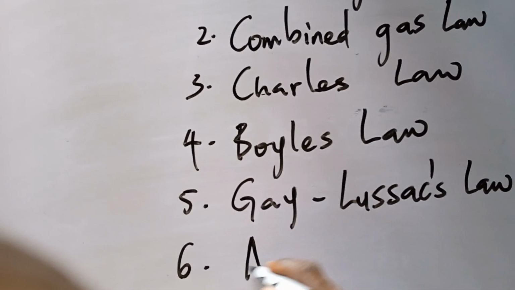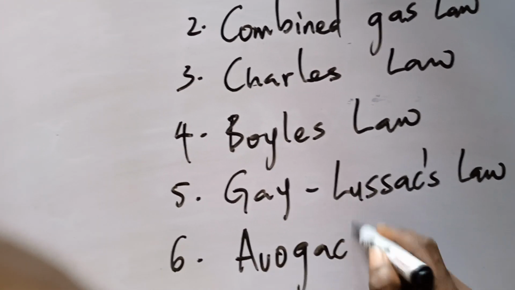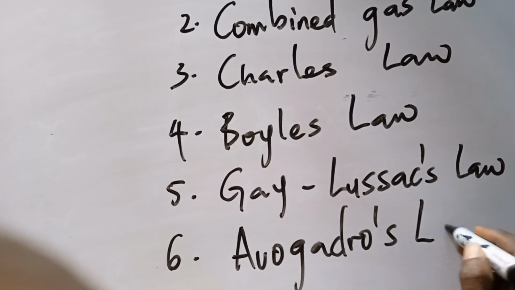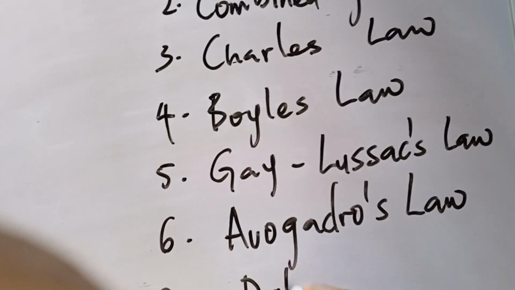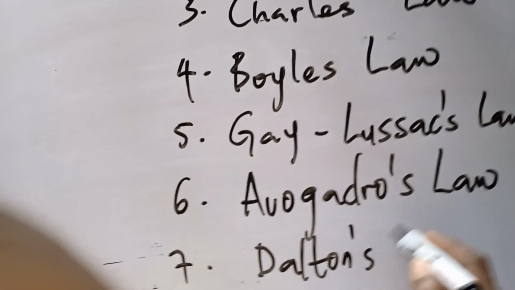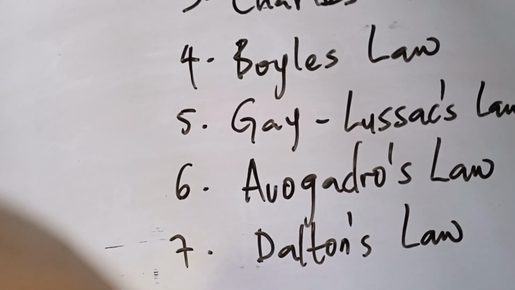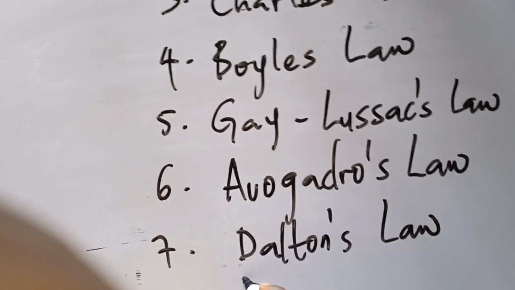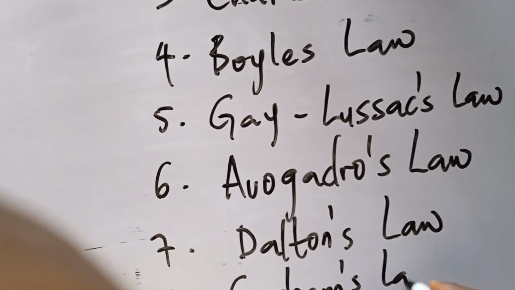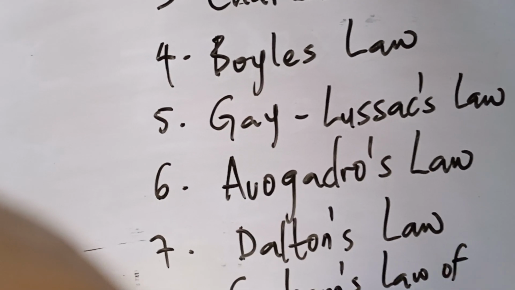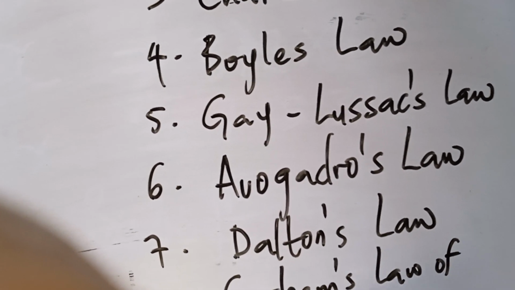Number six is Avogadro's law. Number seven is Dalton's law. Number eight is Graham's law of effusion. And what is effusion?